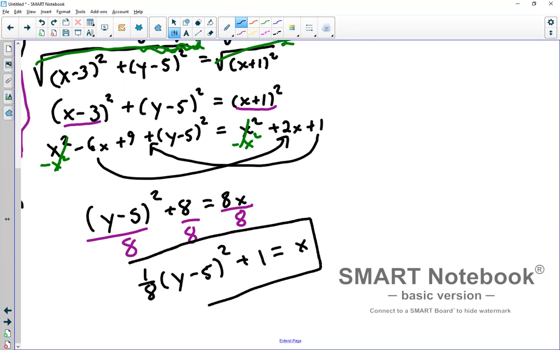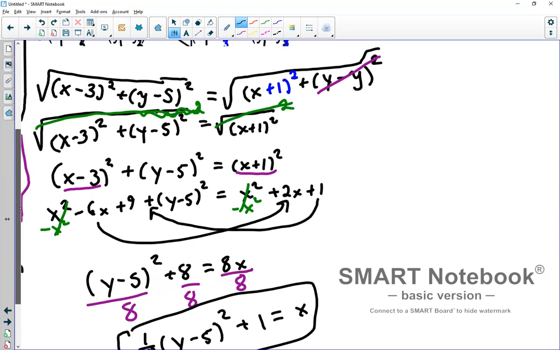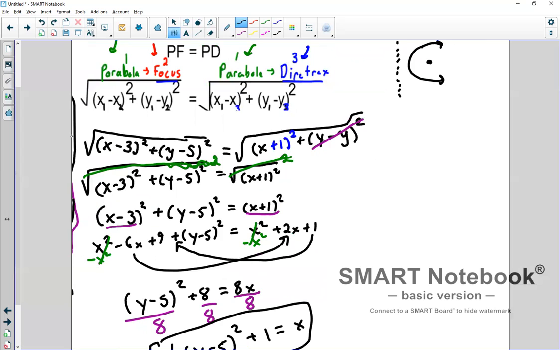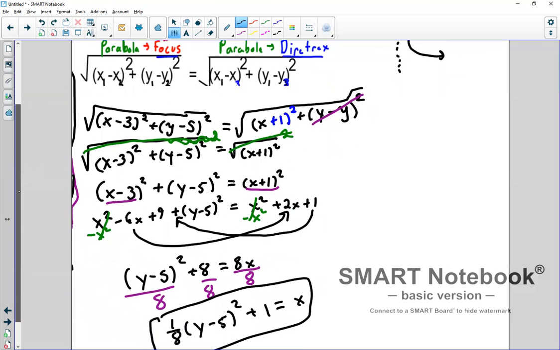And right here is literally my equation to the formula. So that's how you use PD equals PF, or what do I call it? PF equals PD. And I'll put it full screen so you can see it all at once. PF equals PD to solve this type of question.